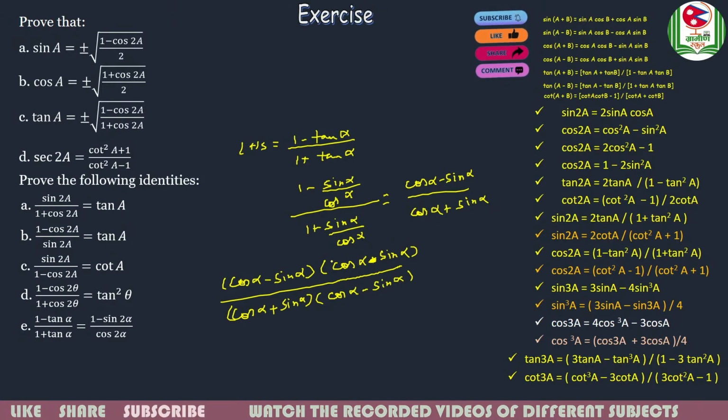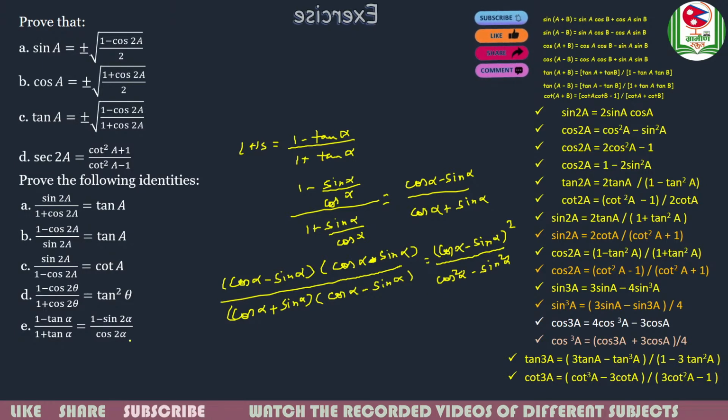So the numerator will be cos alpha minus sin alpha the whole square, a minus b whole square. The denominator will be cos square alpha minus sin square alpha, and we know cos square alpha minus sin square alpha is cos 2 alpha.